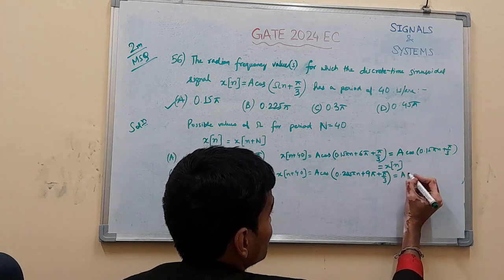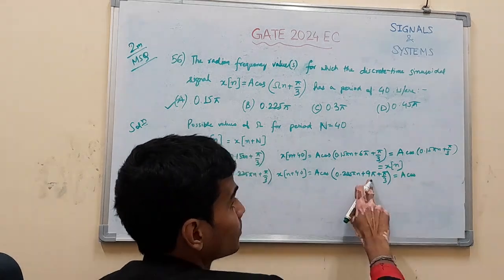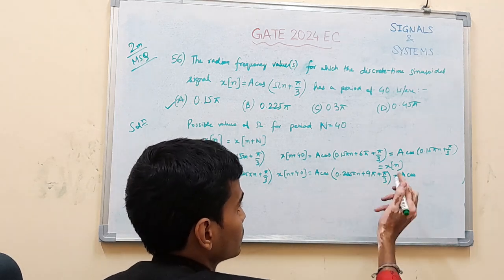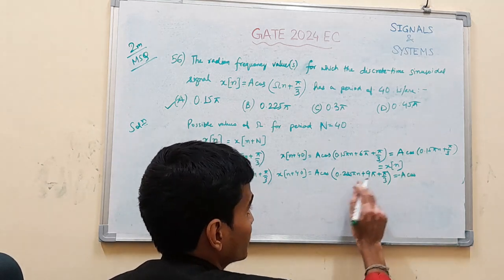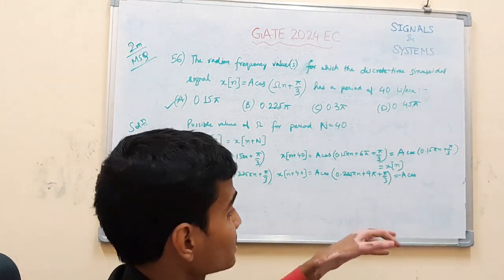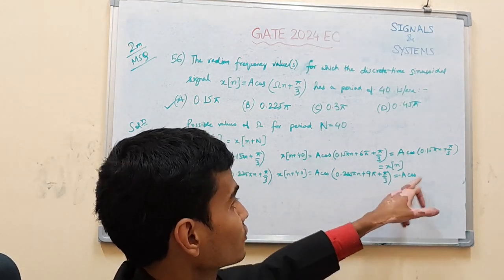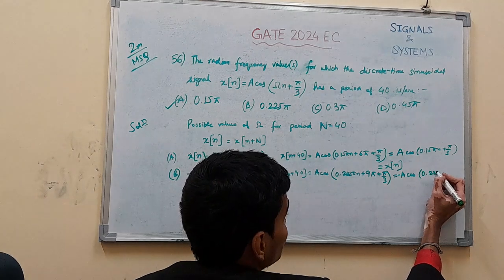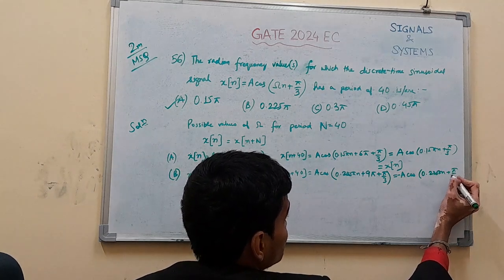So it will basically be A cos of an odd multiple of pi plus some angle, which will be minus cos of that angle. Cos of an odd multiple of pi plus some angle is minus of cos of that angle. So minus A cos of 0.225 pi n plus pi by 3.